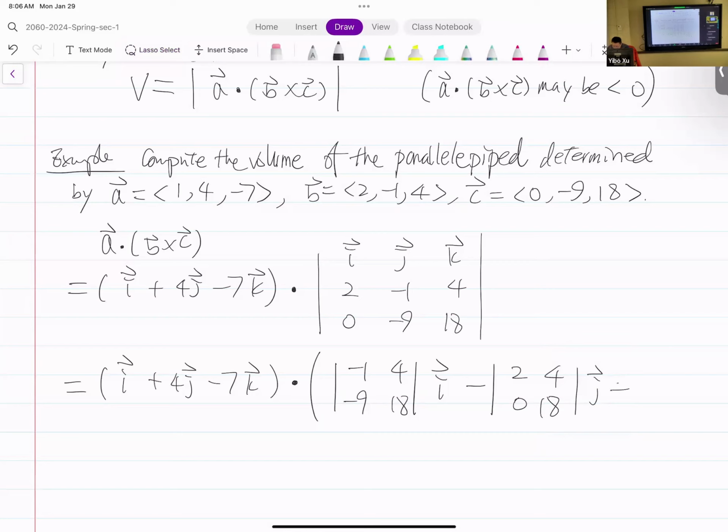Finally, there's a plus. In front of K, I have the order 2 determinant as well. We eliminate the first row, third column, and then we will have 2, -1, 0, -9.